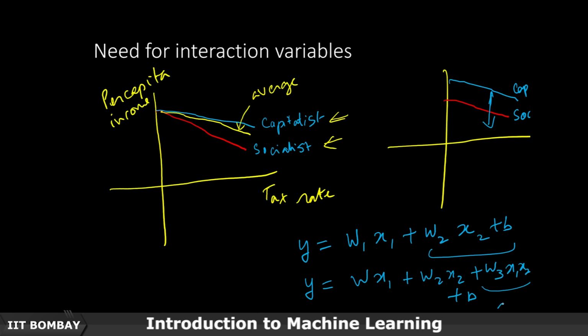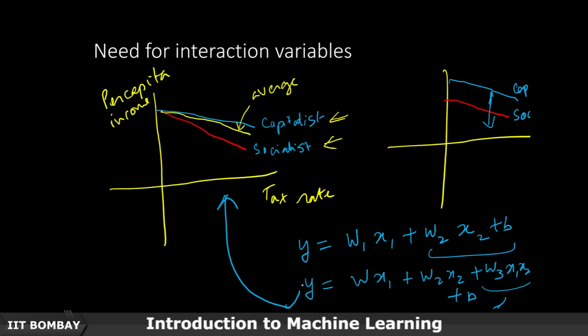If I use that, then I am able to model this kind of a graph, because for different x1s I will be able to get two different slopes. Whereas in the first case I am not able to get two different slopes. I will get the same slope for x1. In the second case, W3 x2 is modifying the slope with respect to x1.